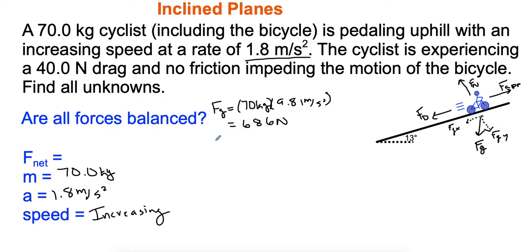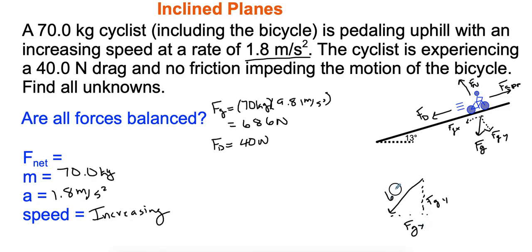Okay, now this is going to start breaking apart here. We know we have the force of drag. We could write that down. That's 40 newtons. And now we're going to have to use this to figure out the other pieces. So if gravity is 686, it might help to draw a triangle. So this is FGY, this is FGX.